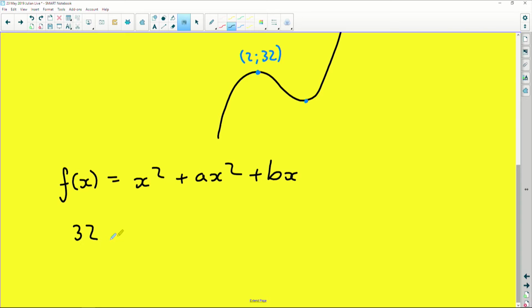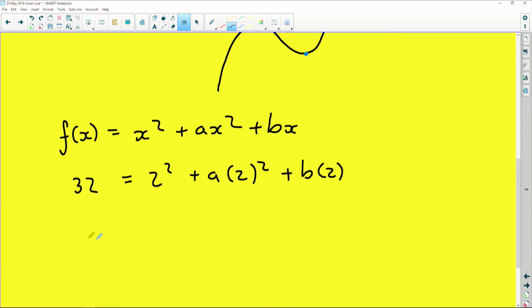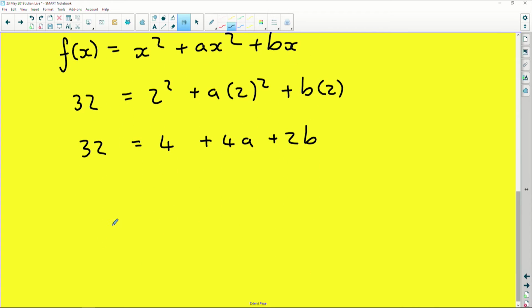So I'm going to say 32 is equal to 2 cubed plus a multiplied by 2 squared plus b multiplied by 2. Now if I simplify this equation a little bit more, I get 32 is equal to 8 plus 4a plus 2b. If I take this a little bit further, I'm going to be left with 32 minus 8.